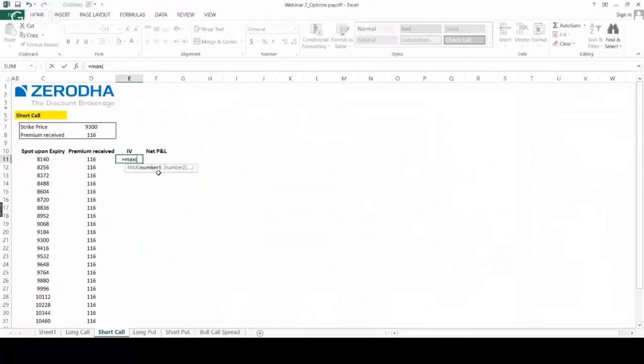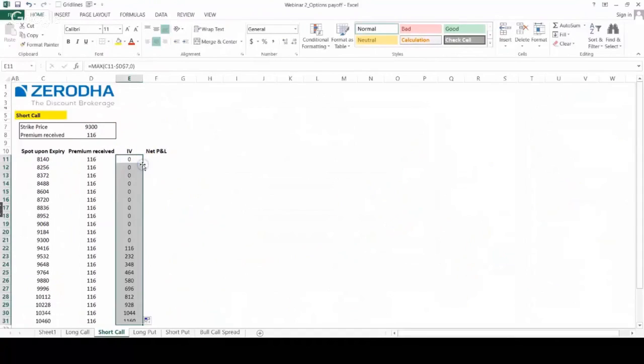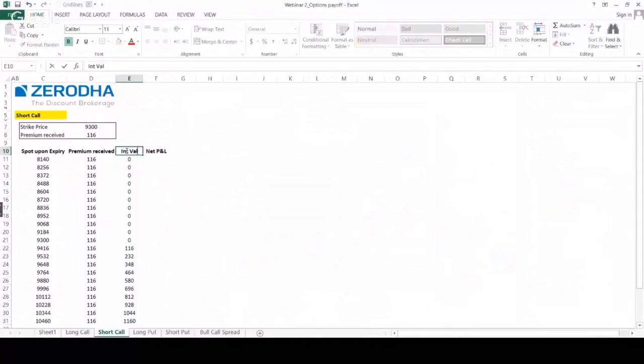Intrinsic value of a call option is always the maximum of spot minus the strike, or 0. This is to ensure that the intrinsic value does not go below 0, right? In fact, the intrinsic value of an option cannot go below 0. I will make this intrinsic value, right? Now the net P&L, now this is where the difference comes.